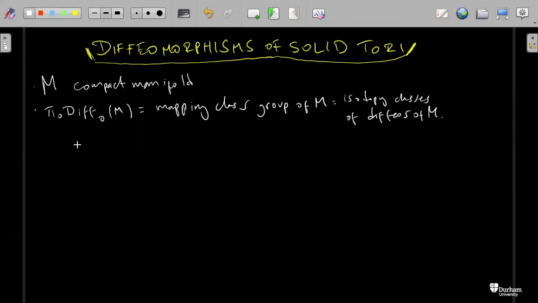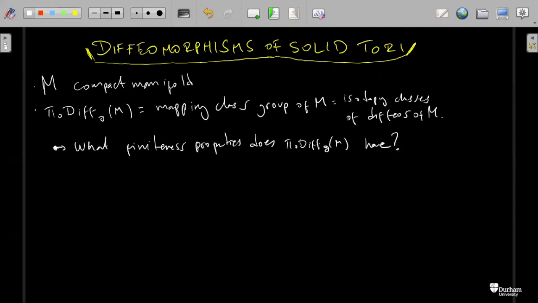And then a natural question one has about this is about its finiteness properties. So what finiteness properties does this mapping class group have?